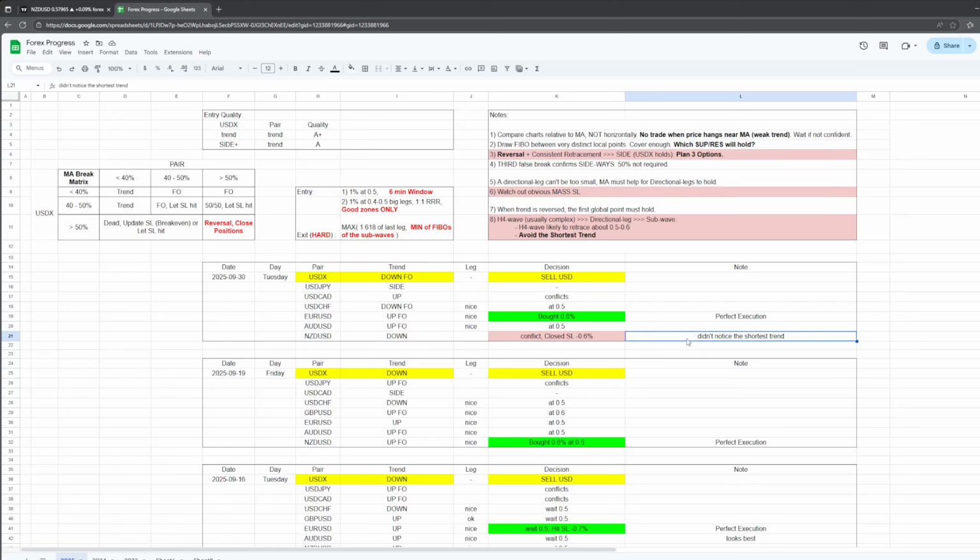The lesson I learned was that I didn't notice New Zealand dollar USD was demonstrating the shortest trend. I should always pick the pair that aligns more with the short-term trend, and even if it aligns with the longer-term trend, it's even better.